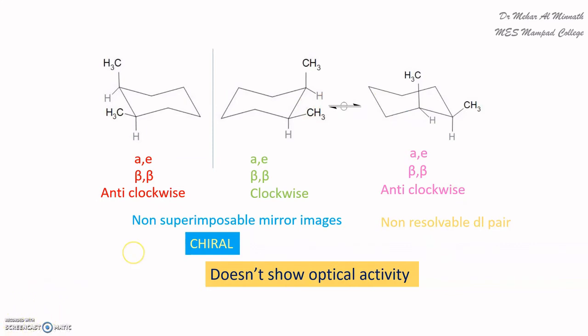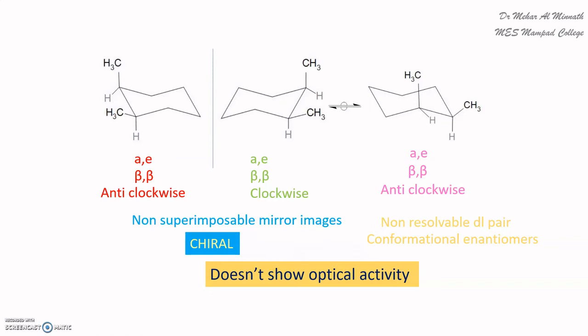So they don't show optical activity. They are non-resolvable DL pair. They can also be called conformational enantiomers. We had mentioned this earlier also about the conformation, naming it as conformational enantiomers, the flipped forms.